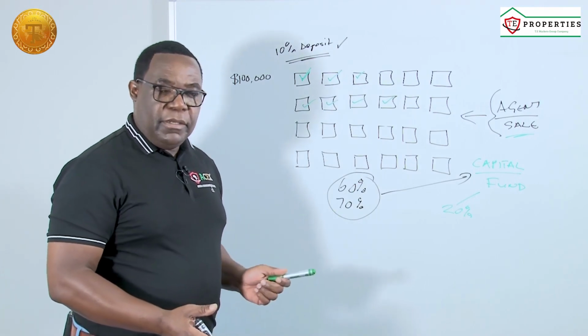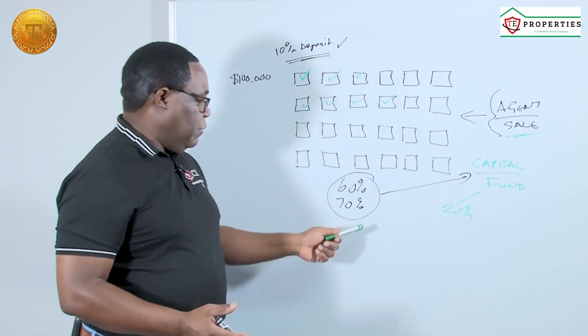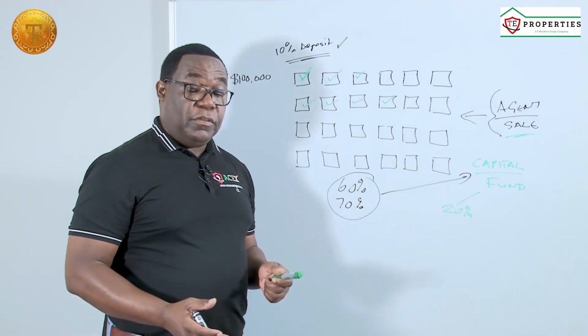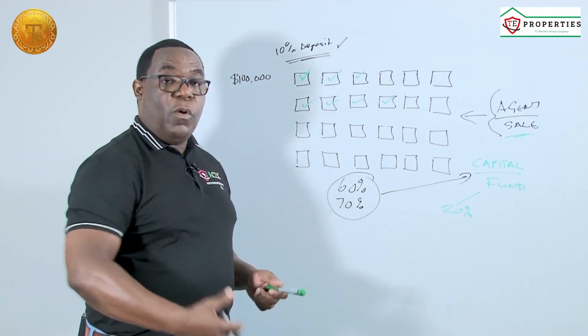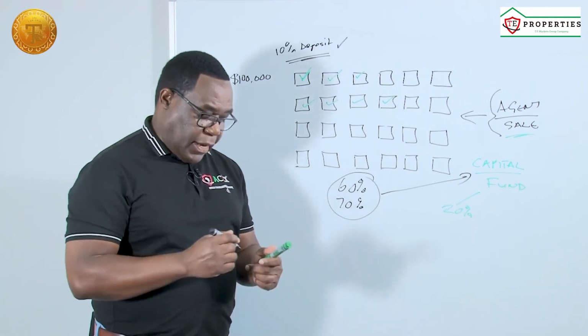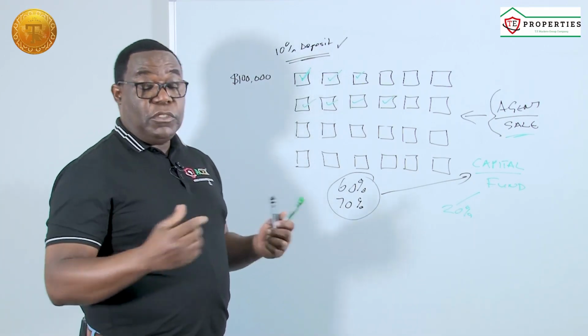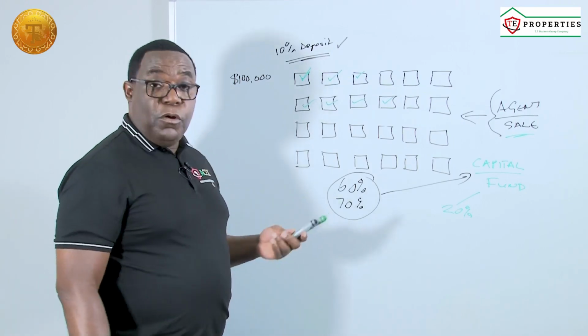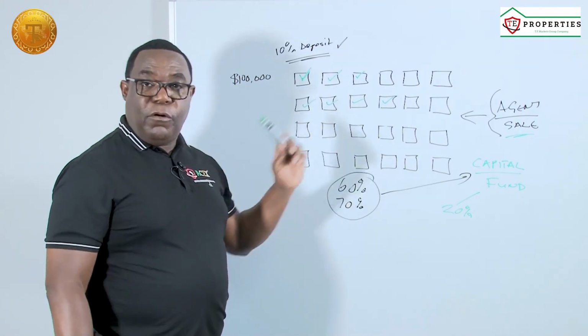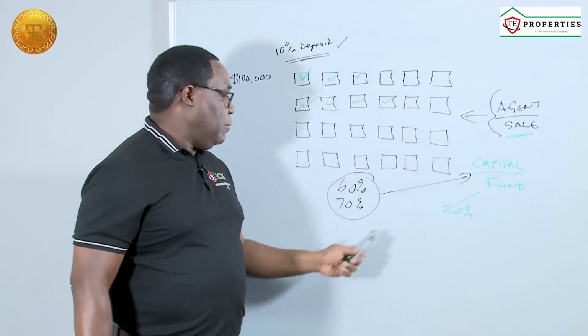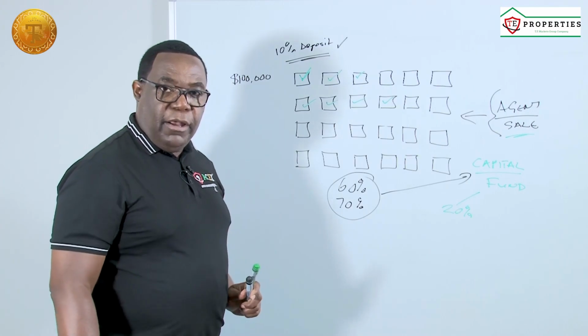The remaining part of the units, if it's 60, the remaining 40 or 30% of the units will be sold off maybe over another period of 1 year or 18 months or whatever the case may be. And so most funding institutions will probably set up and fund a project like this where the sales have already taken off, 60%, 70% already done off plan.